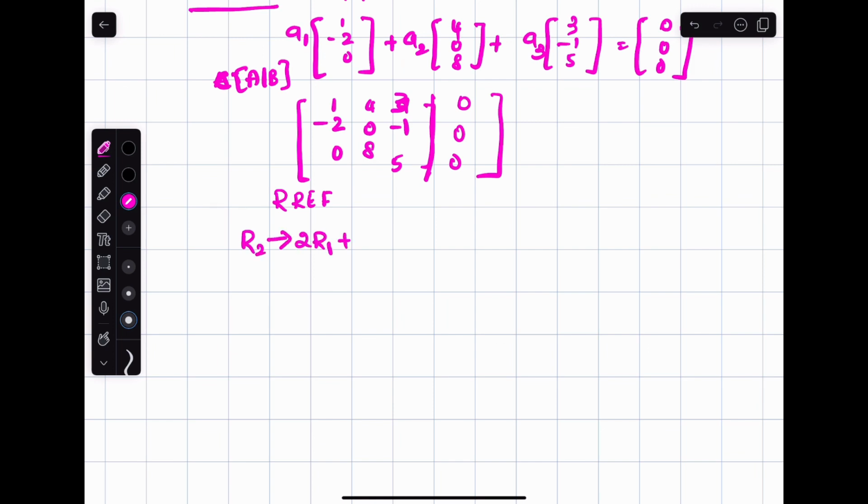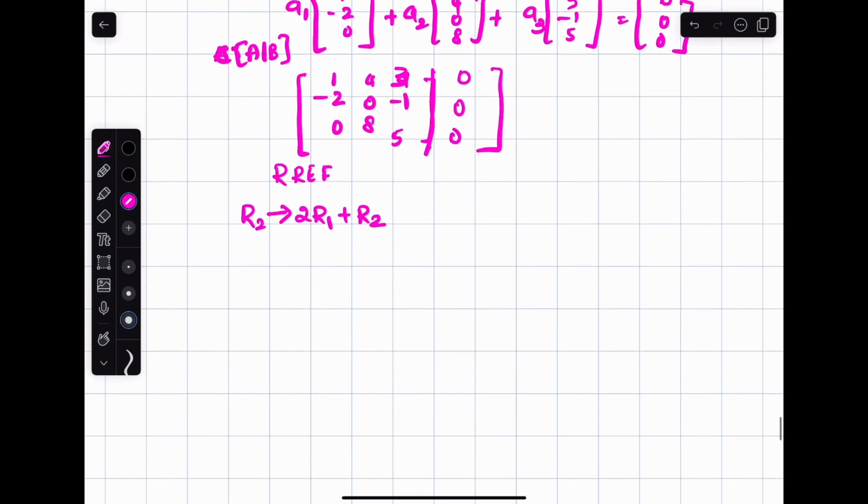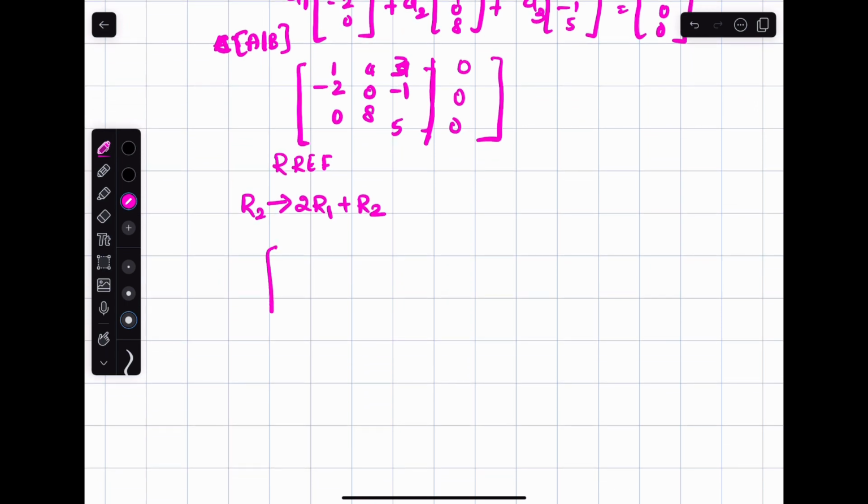Row 2 changes to 2 times row 1 plus r2. So the first row remains the same, and the second row will become 0, 8, 5, 0.